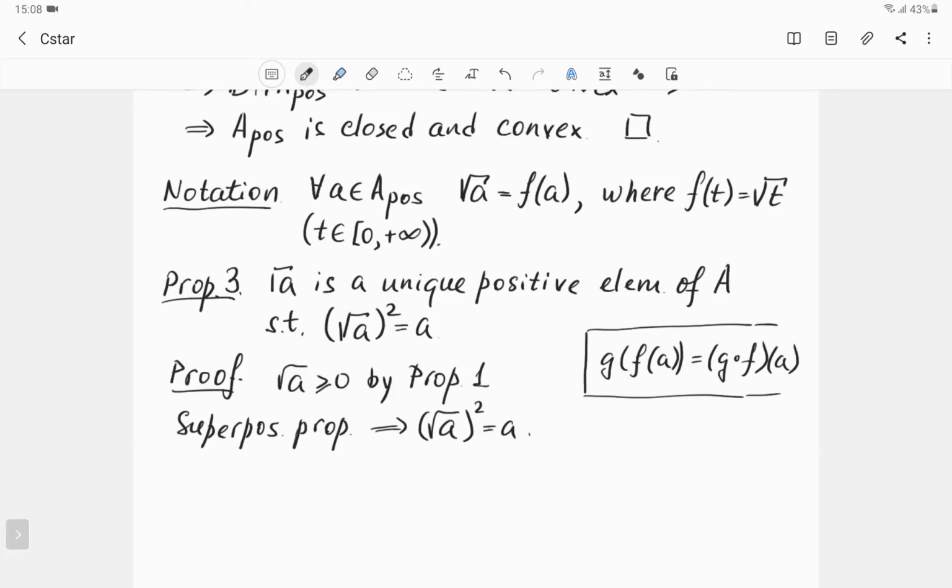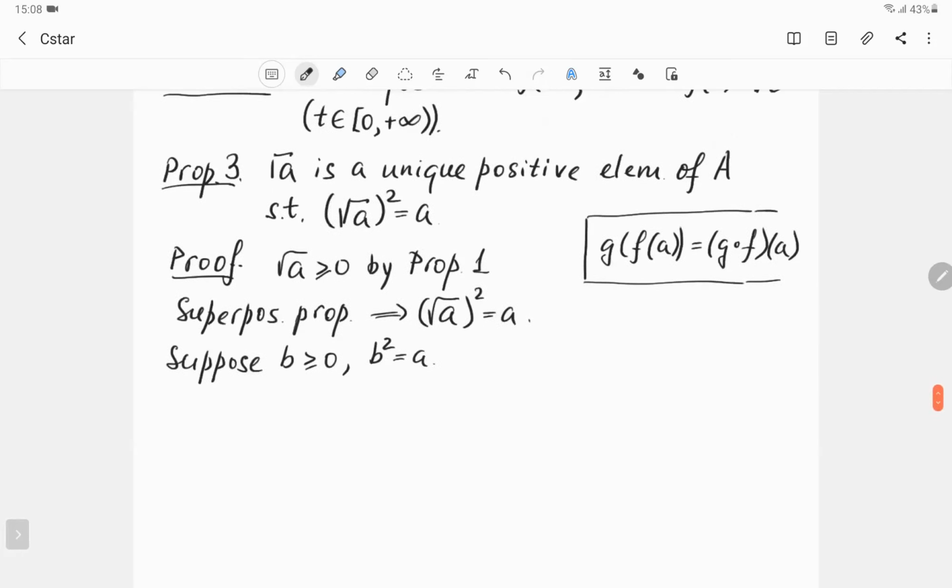Okay, so why is it unique? Well, suppose that B is another positive element such that B squared equals A. And again, we apply the superposition property, essentially to the same functions, but composed in the opposite order.